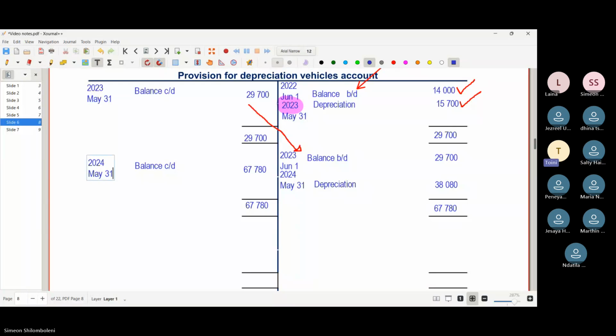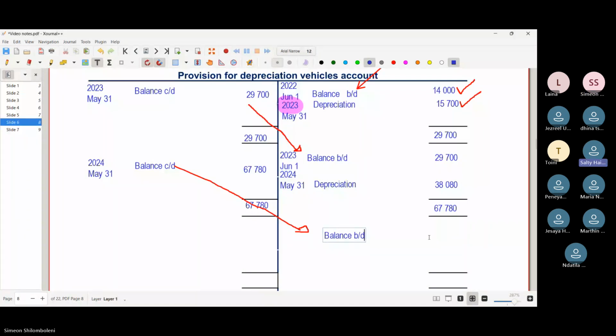It's balance brought down. Whatever was carried down needs to become brought down. So I must write here balance brought down.